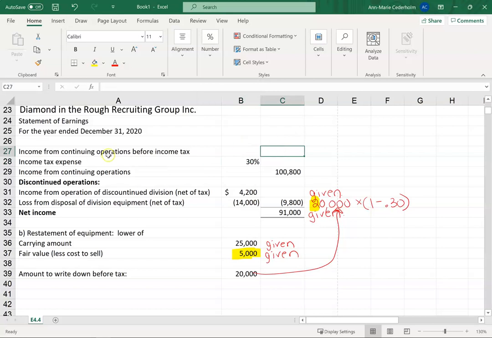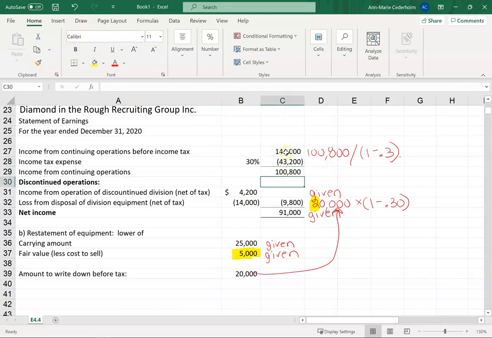And our income from continuing operations before income tax would just be the 100,800, and then just divide that by 1 minus the tax rate. So that will gross that up. So then I have 100,800 divided by 1 minus the tax rate. And then we can take the 144 times the tax rate to calculate the taxes.